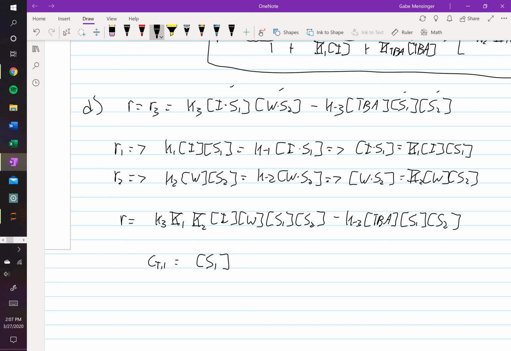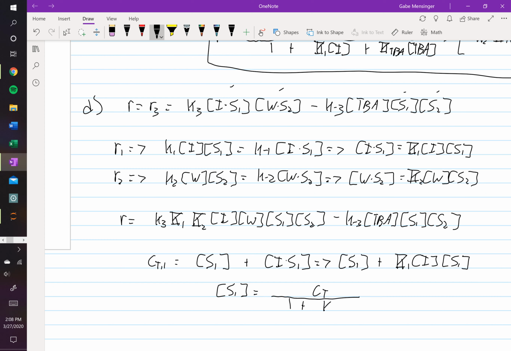As we mentioned before, only one species is bonded to this site, and it's going to be the isobutene, I think, that I.S1. So that's going to be equal to S1 plus capital K1 times I times S1. Solving for S1, we get that it is equal to CT over 1 plus capital K1 times I.